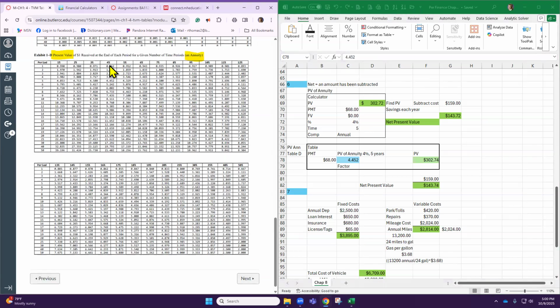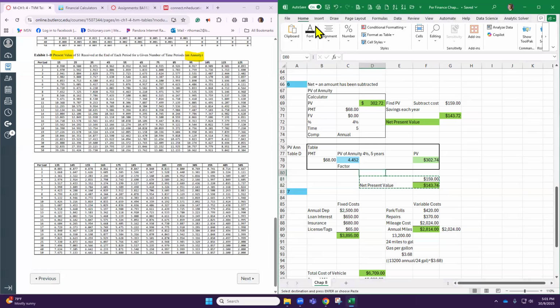So once again, it's 4% in 5 years, 4.452. So I do have the right factor. Okay, so with that times 68 gives us a net present value of 302. Okay, net present value of 302. Now we're going to subtract the cost of the microwave.